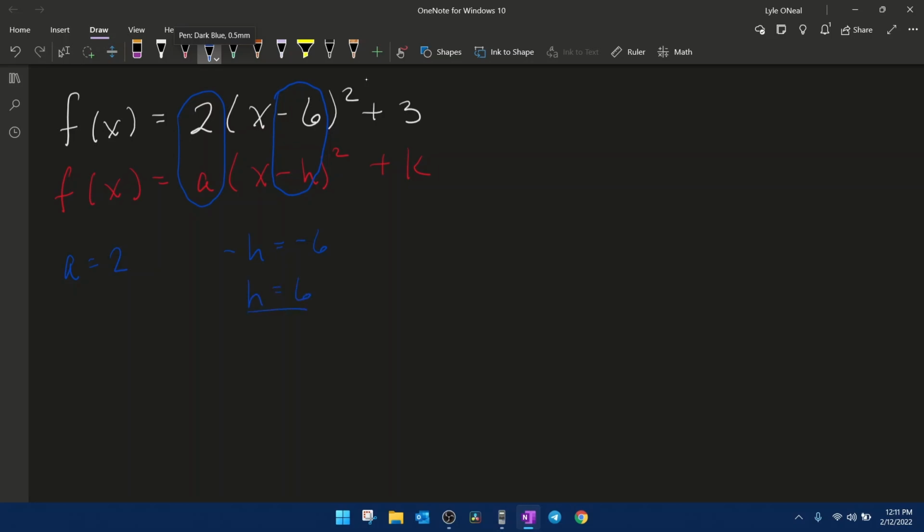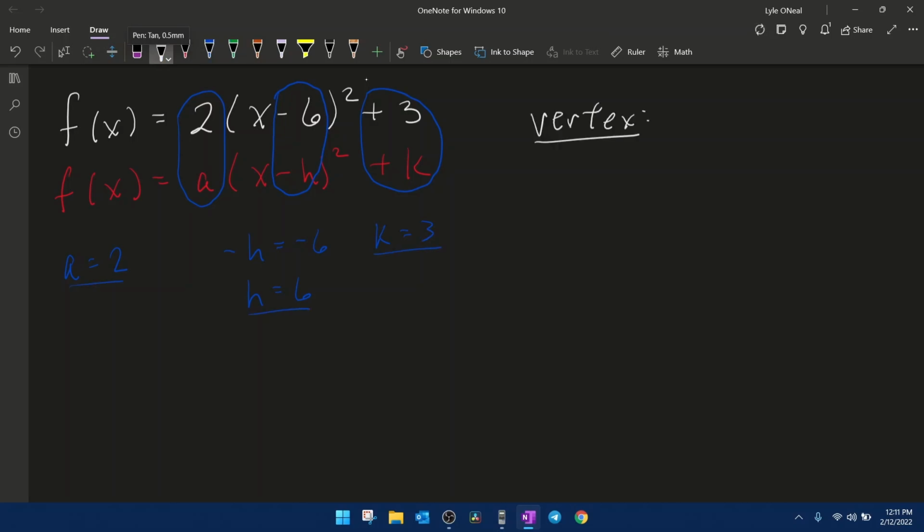So the way that I cover this in class is I say whatever you see for h, it's actually going to be the opposite. So if you see minus 6, you're going to get plus 6 for h. Got that? h is opposite, k is not. So in this case, we see k is 3, positive 3, and that tells me a, h, and k.